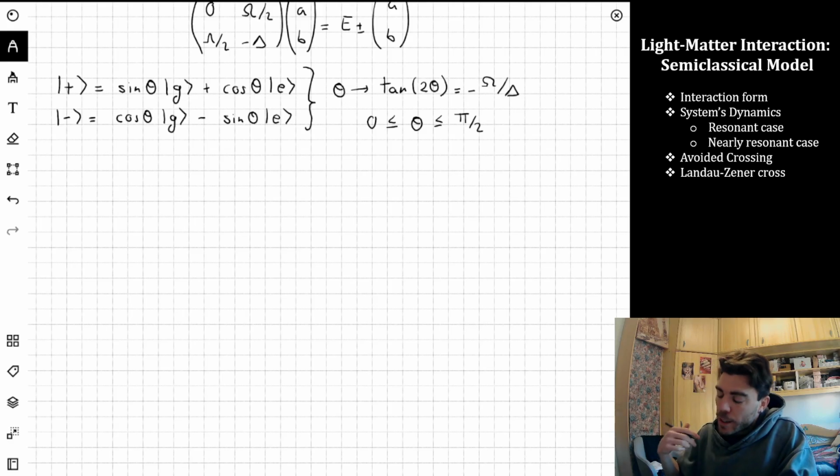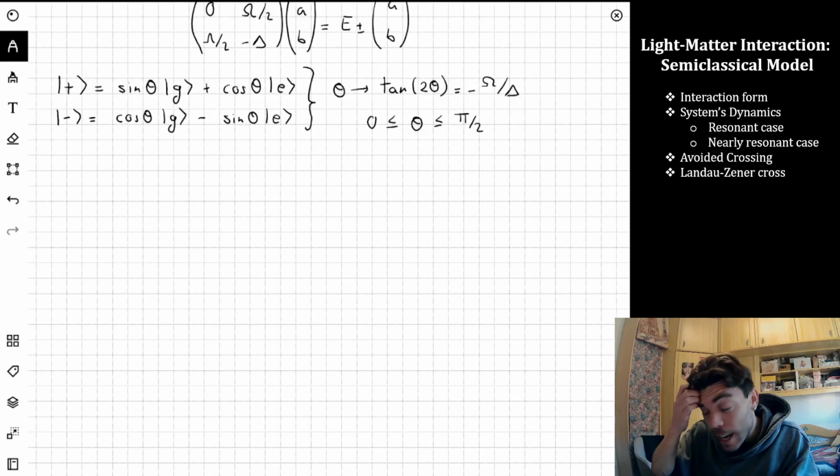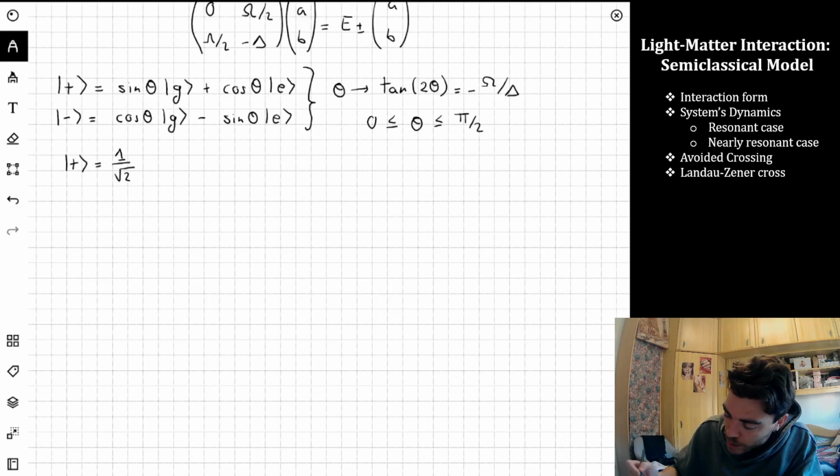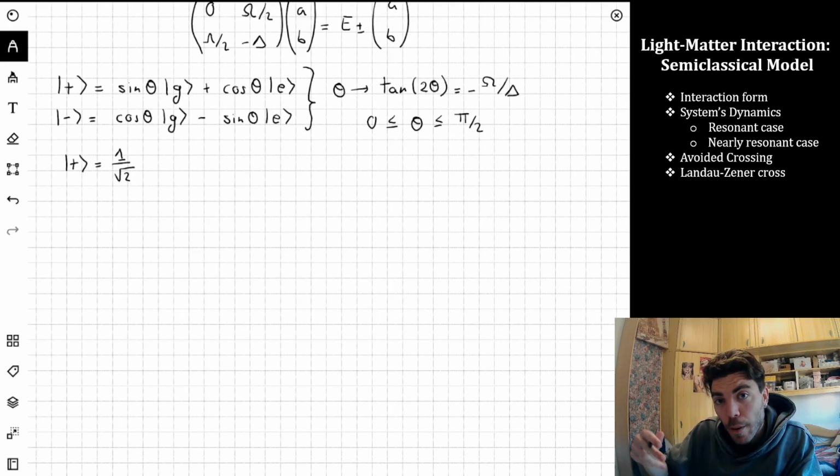So one can realize the following. If the detuning is 0, then the tangent is infinity, which means that the angle tends to pi over 2, and in that case the plus state is exactly an equal superposition, because this is twice, so you would have that actually this is pi over 4.